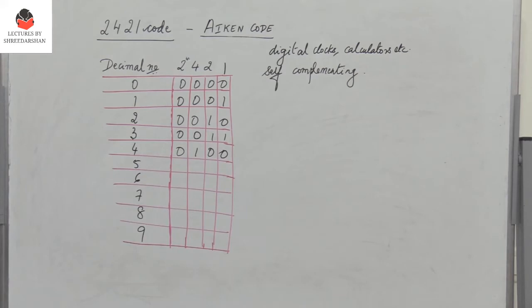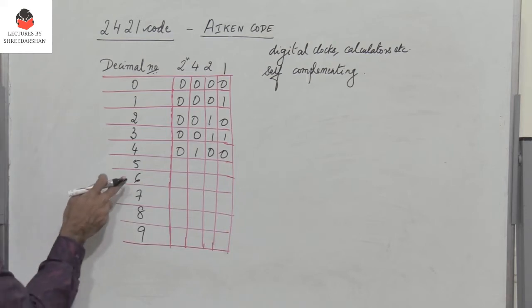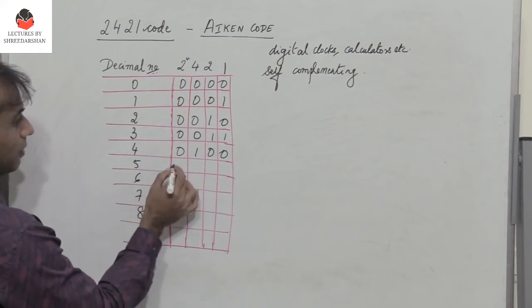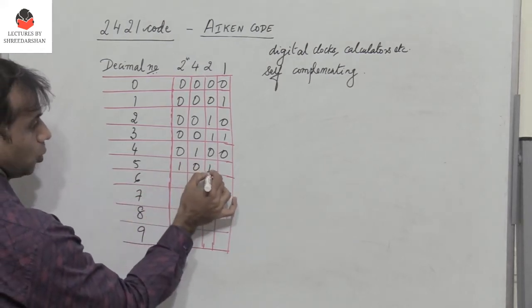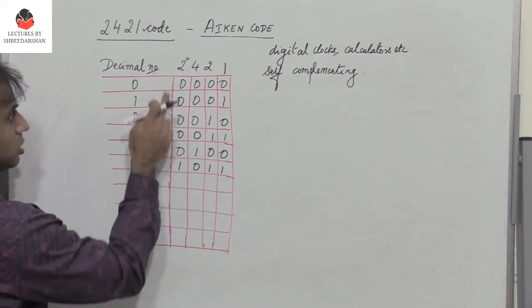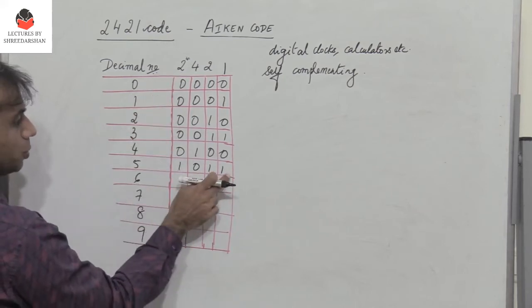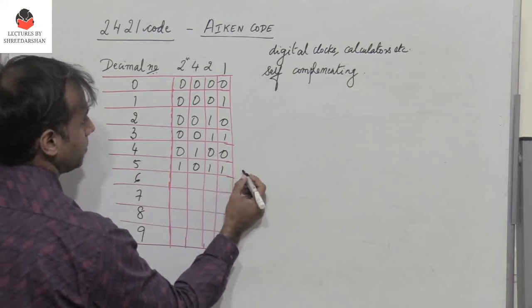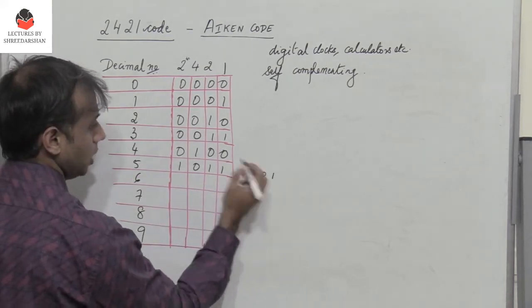Now from 5 onwards, there are two different ways of writing them. So I will write 5, 6, 7, 8, 9 in a particular way. I will write 5 as 1, 0, 1, 1. Correct? Because 1 times 2 is 2, plus 2 plus 1 gives me 5. We also can represent 5 as 0, 1, 0, 1.